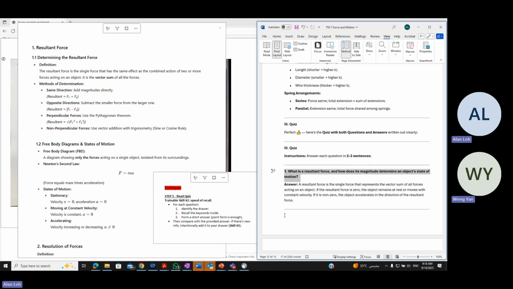Magnitude, state of motion. Then you can read the answer if you haven't.